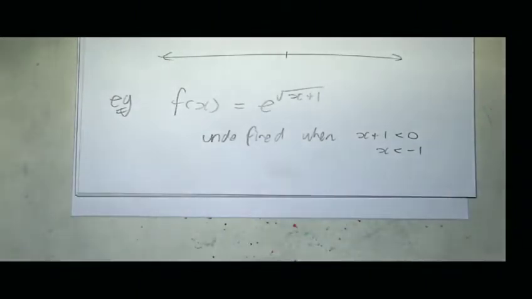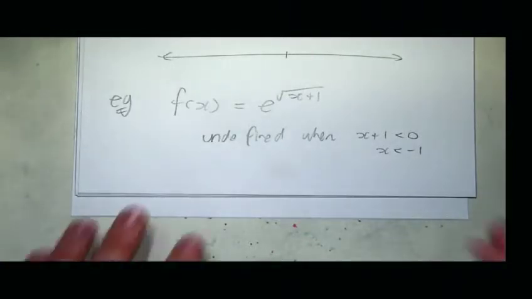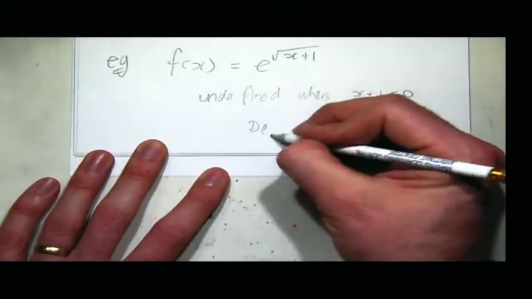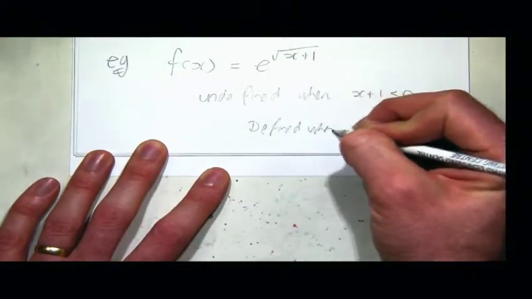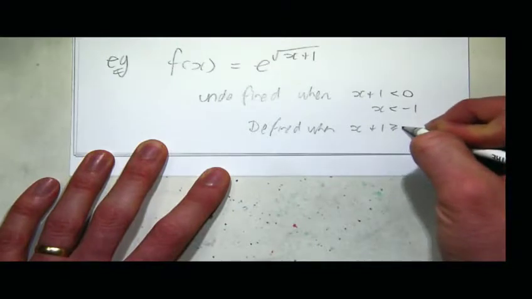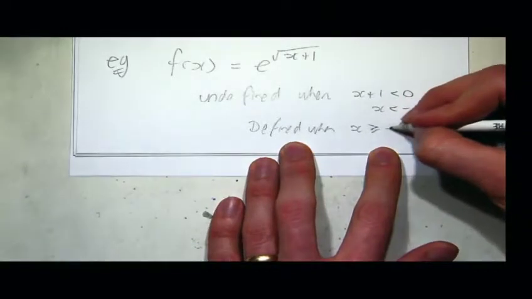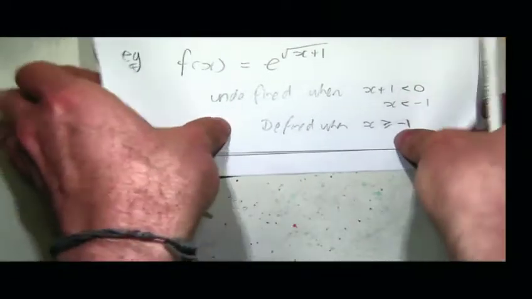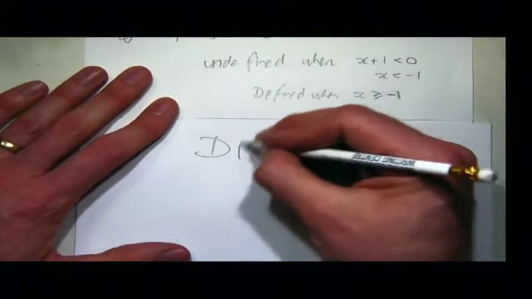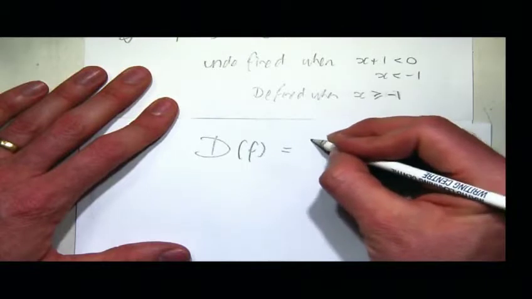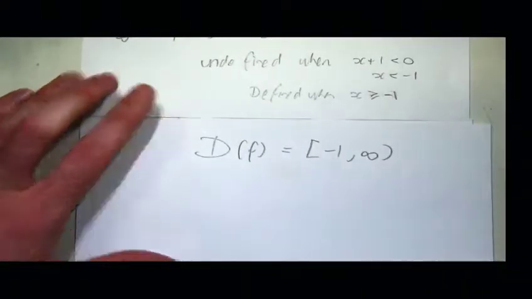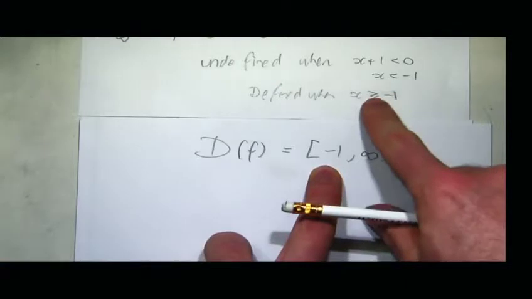Alternatively, you could say it's only defined when x plus 1 is positive or 0. So we're going to end up with it's defined when x is greater than or equal to minus 1. Okay, so therefore the domain of f is everything from minus 1 up to infinity, because it starts at minus 1 and you're allowed to have minus 1, so it's a closed bracket.